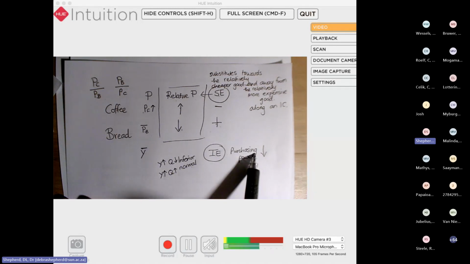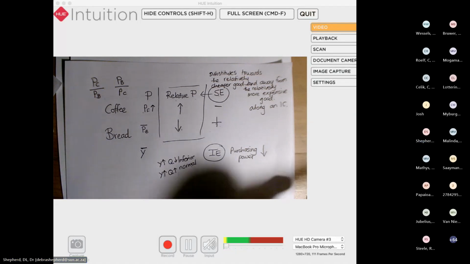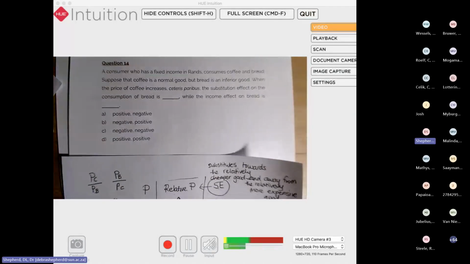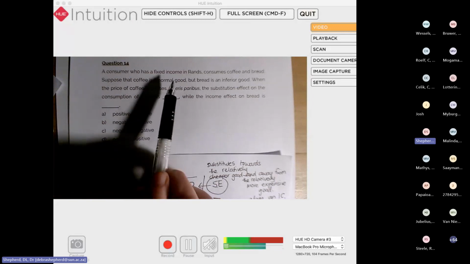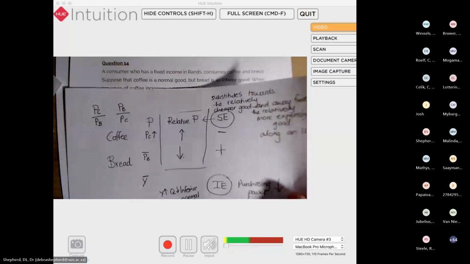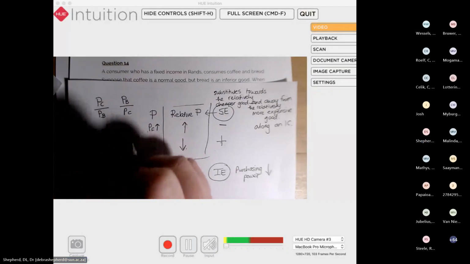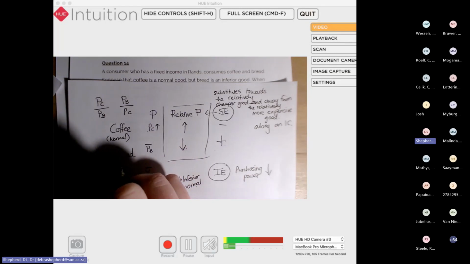If my purchasing power goes down, I'm going to buy more inferior goods, because if income goes down, my quantity of inferior goods goes up. So in the question, it tells us that coffee is normal, but bread is inferior. Okay, so coffee is normal, bread is inferior.